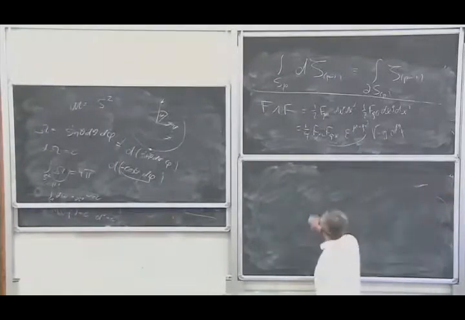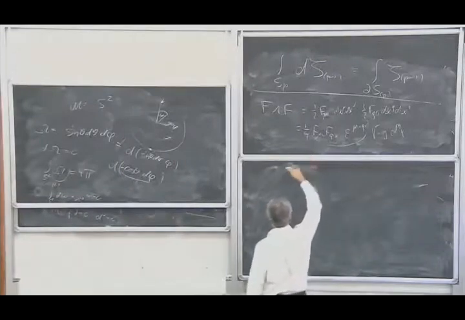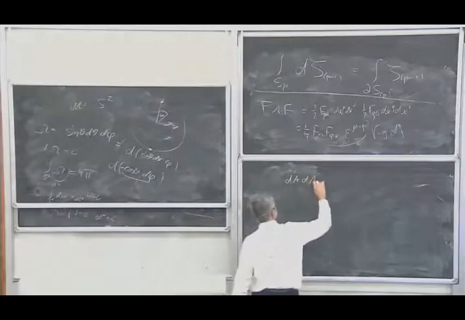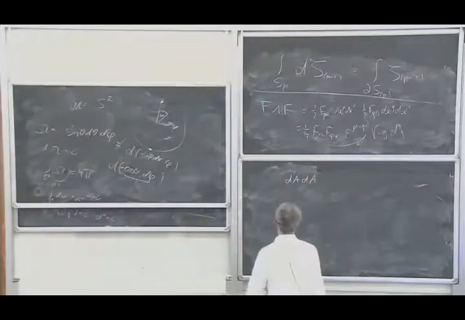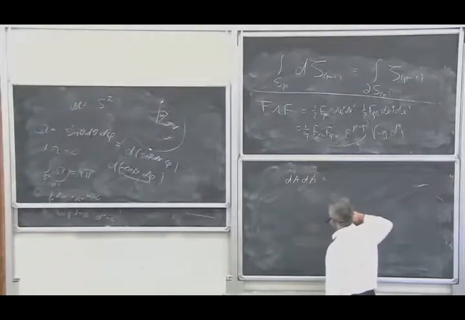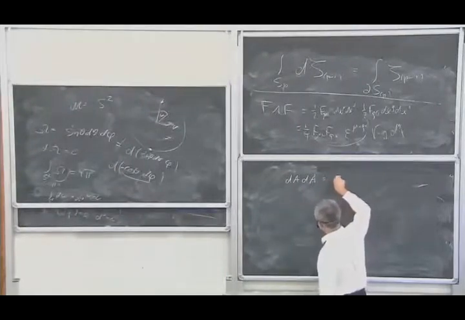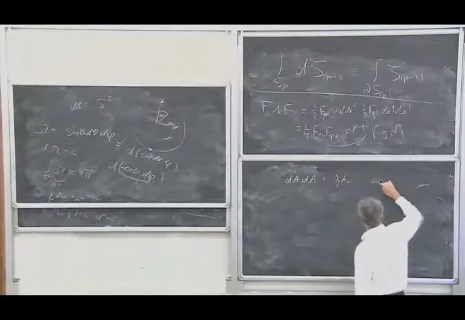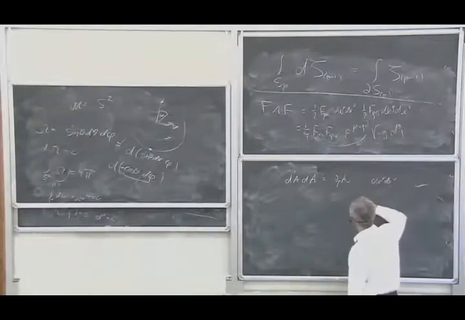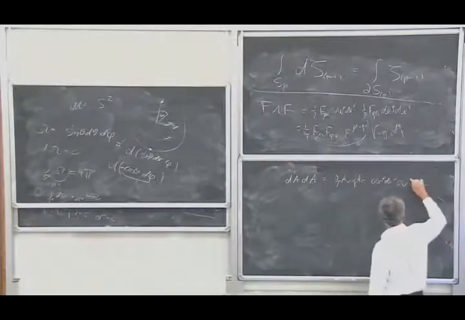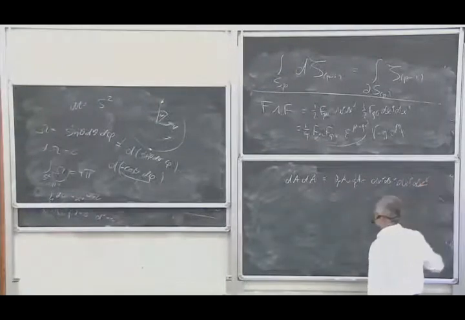so if I just take dA, so this is d mu A nu dx mu dx nu d rho A sigma dx rho dx sigma.